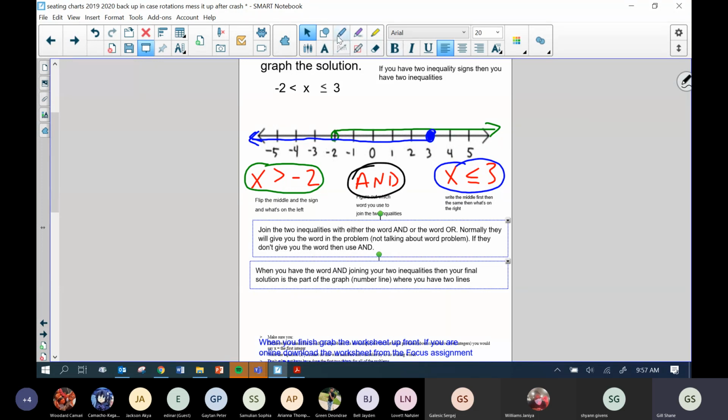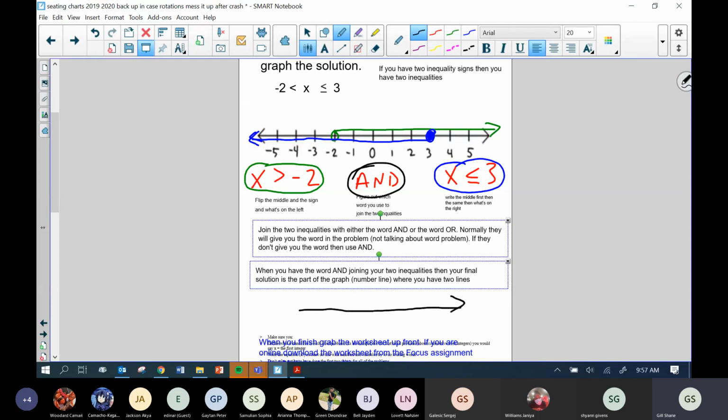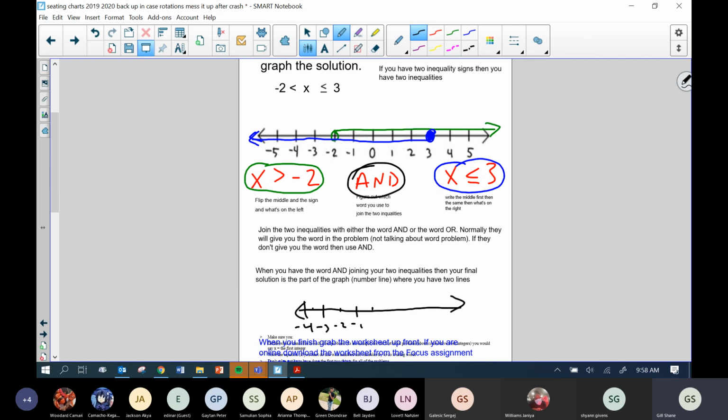So I'm going to create a new graph. All right, this is my final graph. I don't really need to create the whole entire graph because I'm just going to put on it where my final solution is. So I could go from -4, -3, -2, -1, 0, 1, 2, 3, 4, 5.